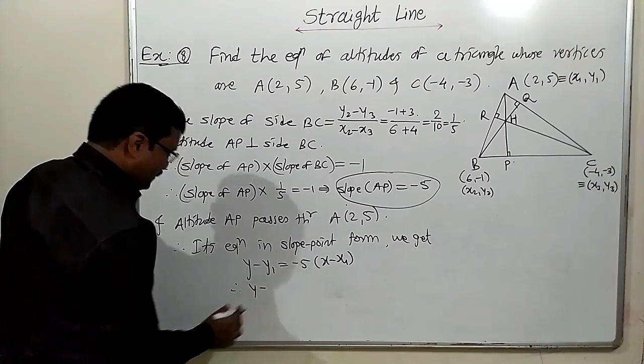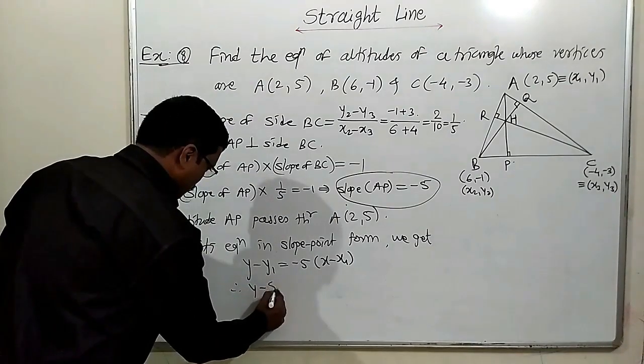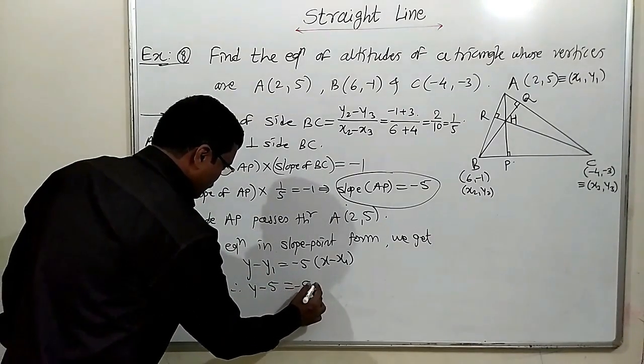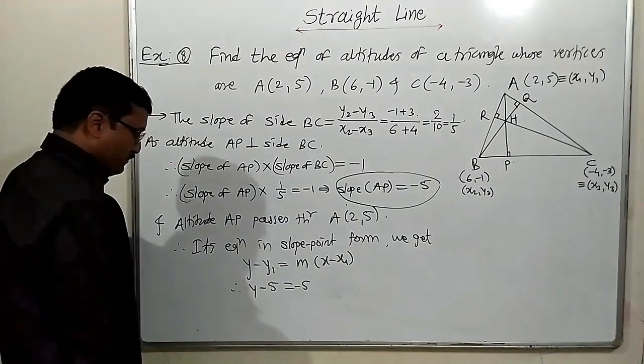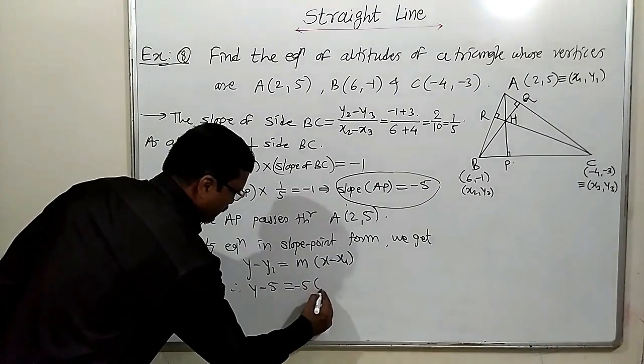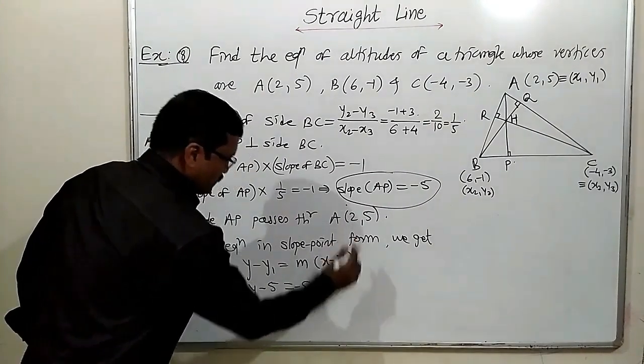Here the point is (2, 5), that is x1, y1. So y minus 5 equals minus 5 into x minus 2.